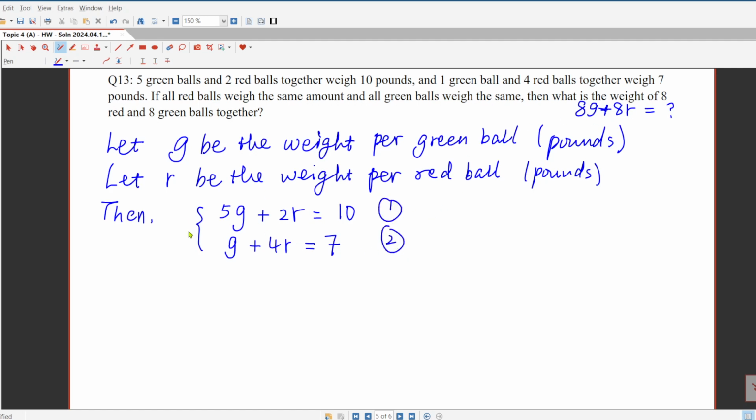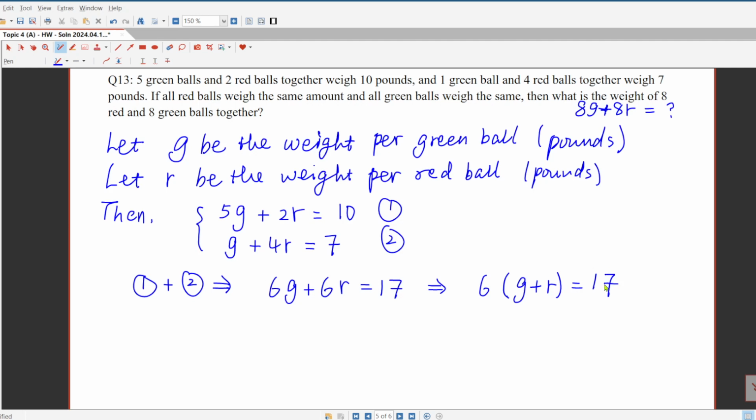So let's observe the system. In order to find 8G plus 8R, or 8 times G plus R, we could simply add these equations together. This will generate an equation which is 6G plus 6R equals 17, right? And of course we know then 6 times G plus R equals 17.